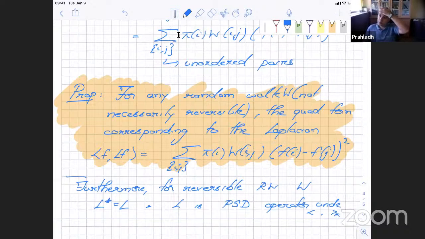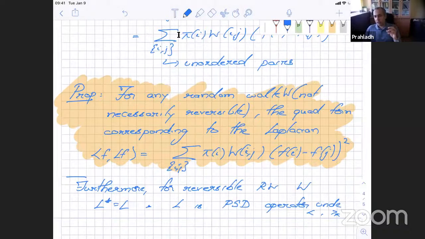From this, it should now be evident: what is the eigenvector corresponding to the minimum eigenvalue for L? The eigenvalues all have to be non-negative, because by the Rayleigh quotient definition, it is the quadratic form.